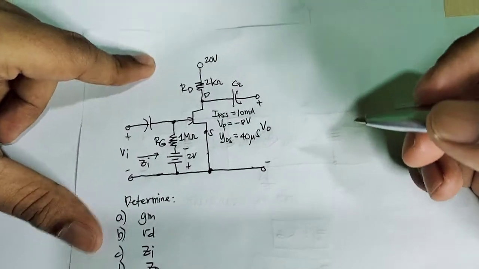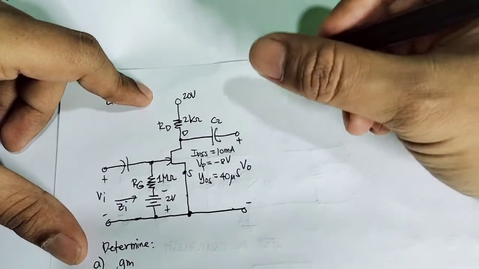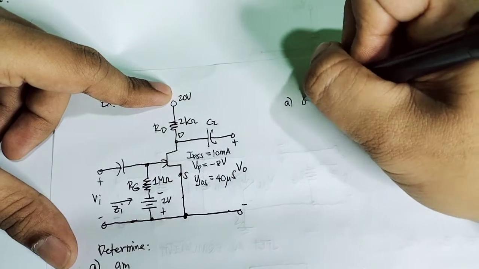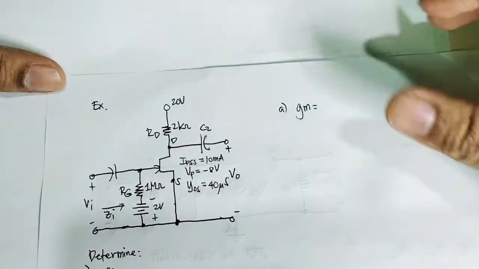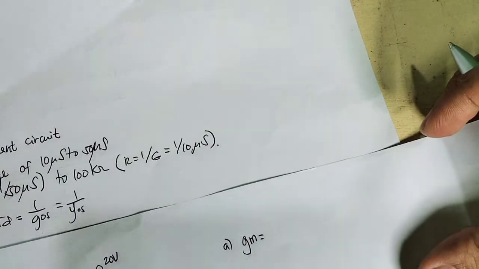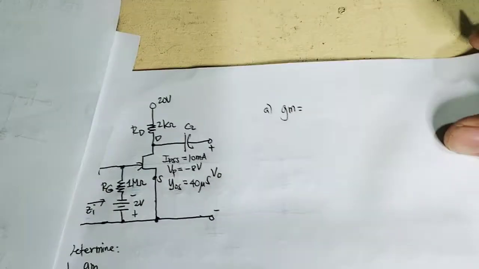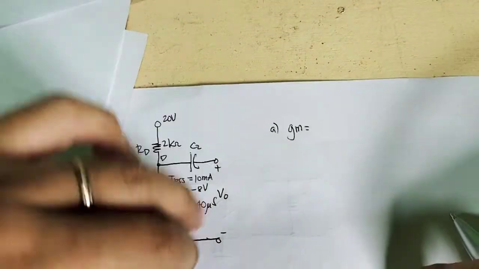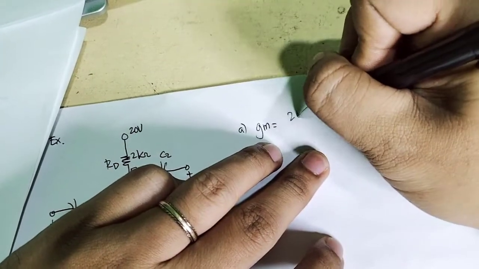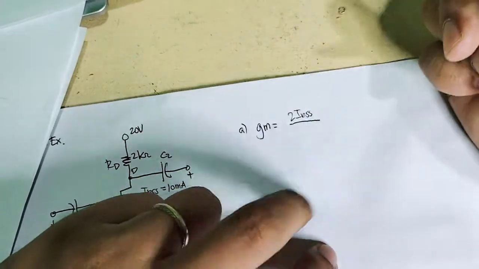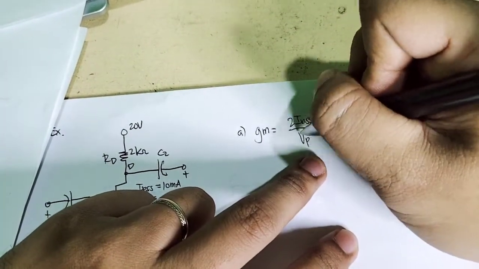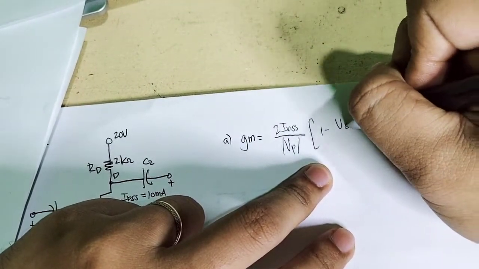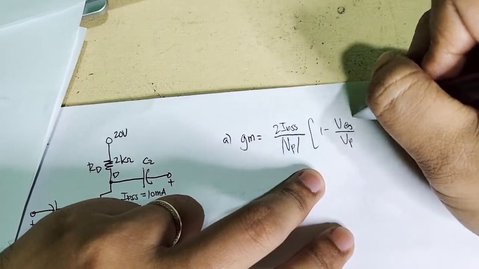So the transconductance, we can calculate this one from our previous discussion. The gm formula is what we calculated earlier. gm is equal to 2 IDSS divided by the absolute value of VP, times 1 minus VGS over VP.